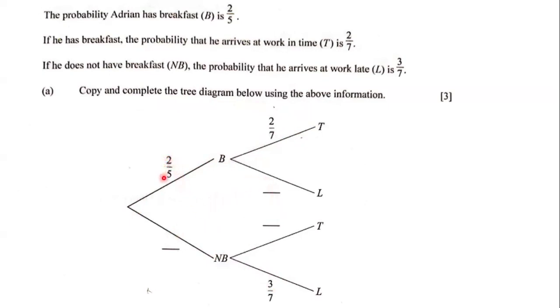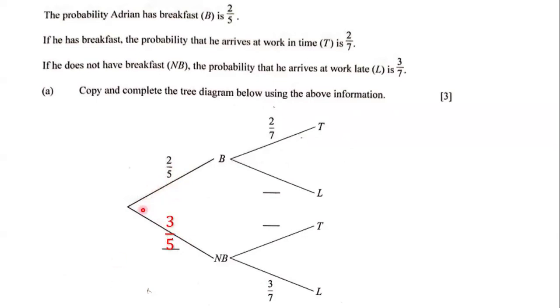Notice that this is 2 over 5. And so since this is 2 over 5, the probability that he has breakfast is 2 over 5. And so that means that the probability that he does not have breakfast, B', is going to be 3 over 5. And we know it's going to be 3 over 5 because the sum of this branch and this branch should be equal to 1.